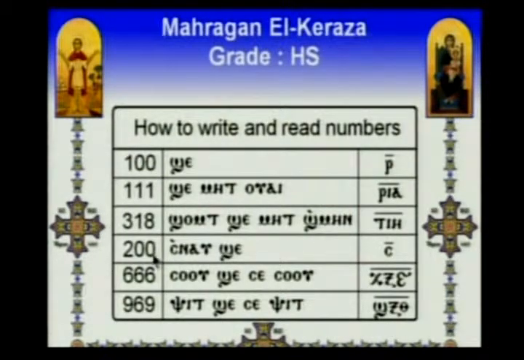Meet ishmin. 200 snav she. 666 so she, say so. And then 969, which is the age of Methuselah, right? Psit she, say psit.